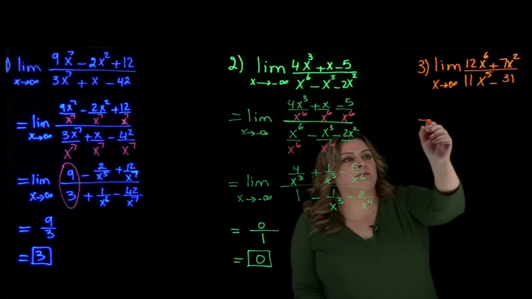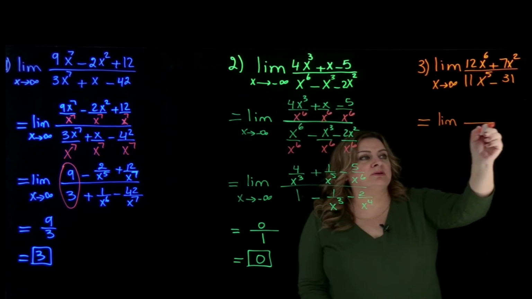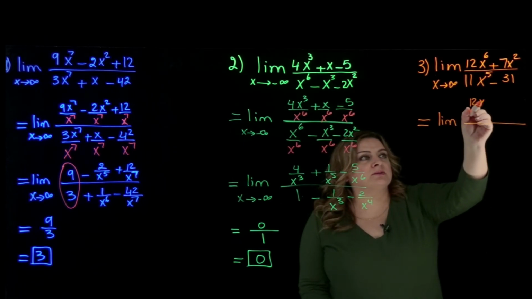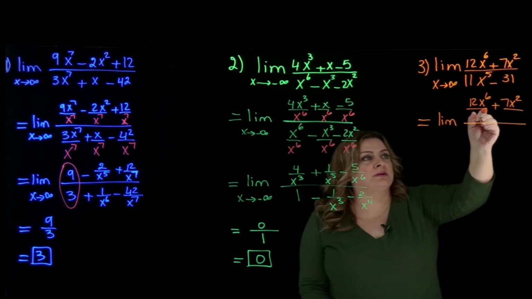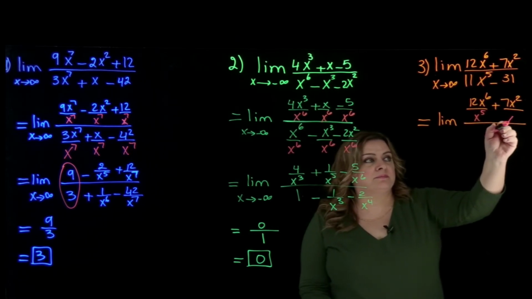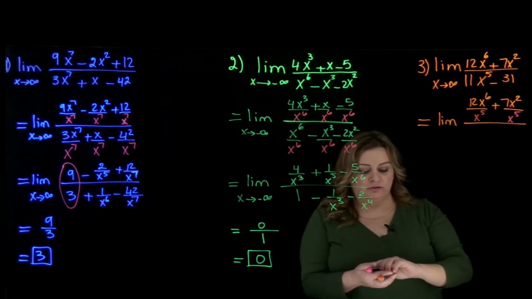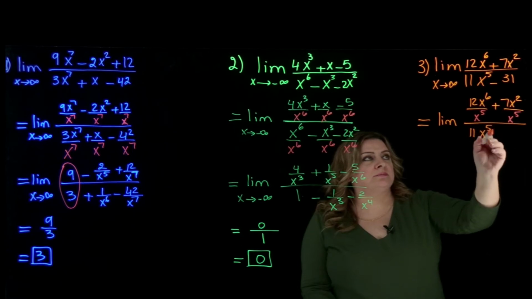This is going to equal the limit of my function 12x to the 6 plus 7x squared, and I want to divide each term by x to the 5th in the numerator and do the same in the denominator.